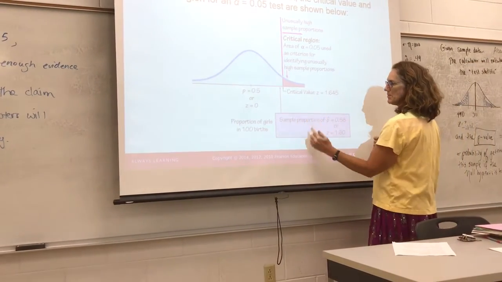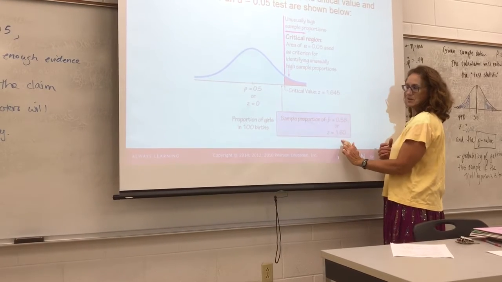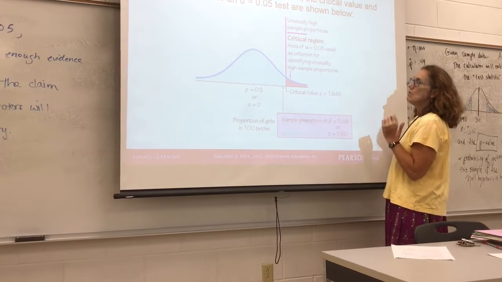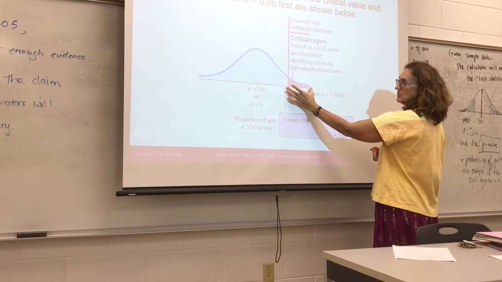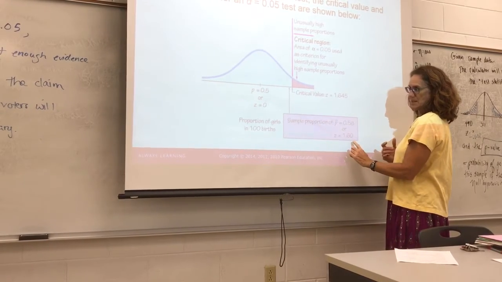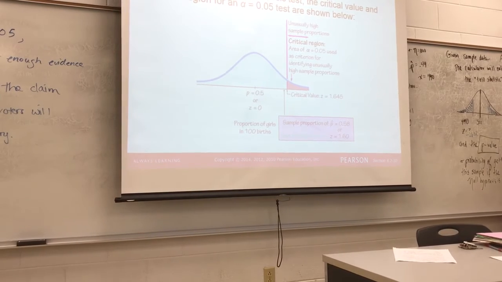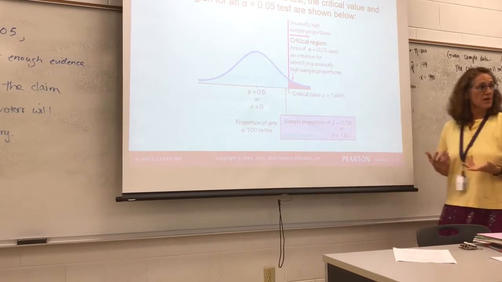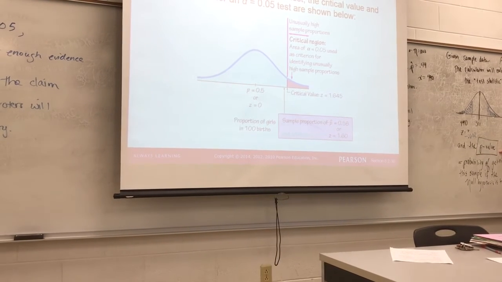So you can either compare your test statistic to the critical value to see if it's too far off the chart, or you can compare the area of the critical region, which is alpha, to the area beyond the test statistic, which is the p-value. So it's like, do you want to compare numbers on the number line, or do you want to compare areas? We're going to compare the areas, the probabilities.